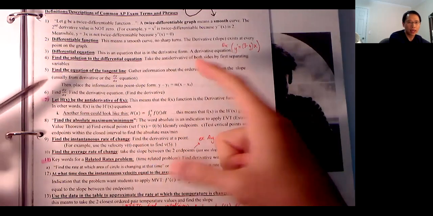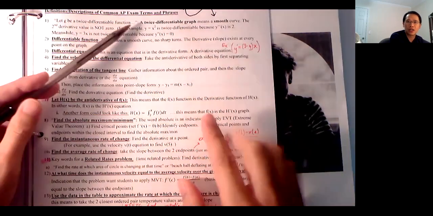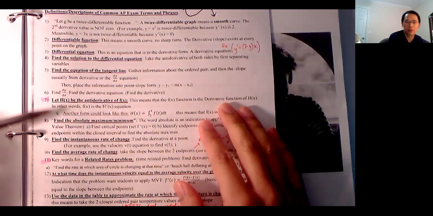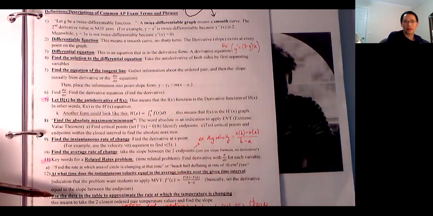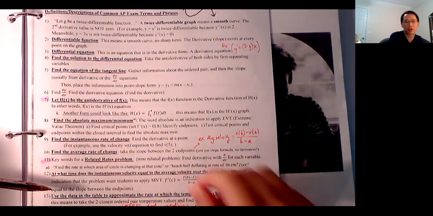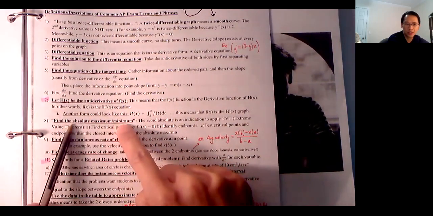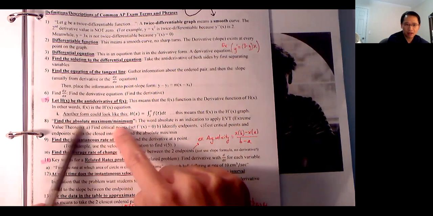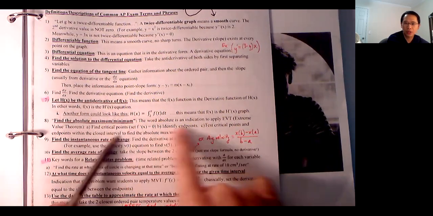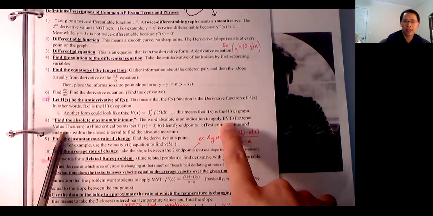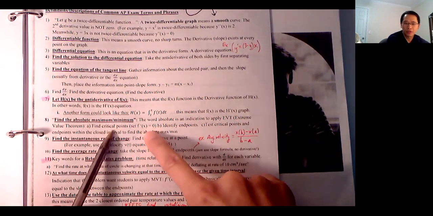All right, again, I'm just going through these terms and phrases that pop up a lot on AP exams, especially on free response questions. Find the absolute max, absolute min. Whenever you see this, that should be an indication that they're trying to get you to identify the steps for the extreme value theorem. So that means you need to find the critical points.